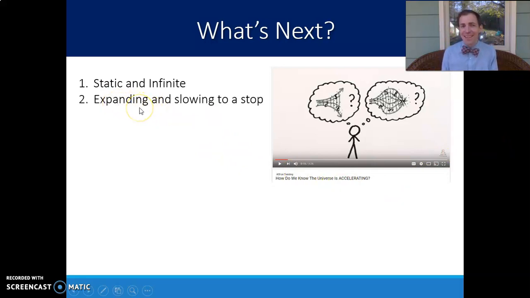Number two is that the universe is expanding and slowing to a stop. Inside the universe is a lot of mass, and mass has gravity. So as things are expanding, sure, it's getting bigger, but the mass is also pulling everything back in, kind of bringing it to a halt. So at some point, the universe will reach its maximum size and then stop there, find its equilibrium.